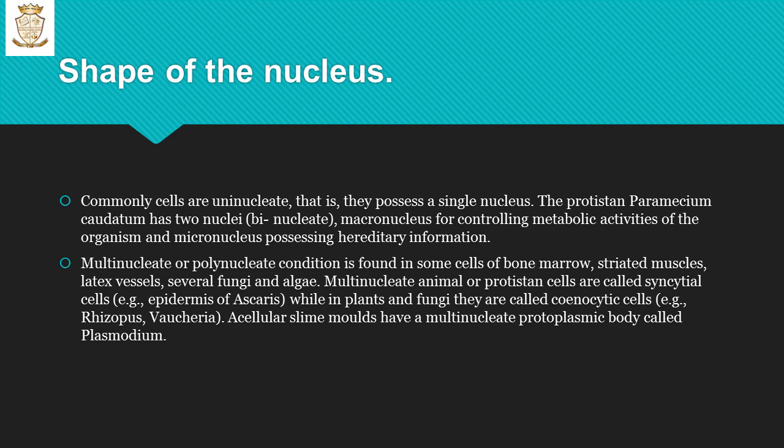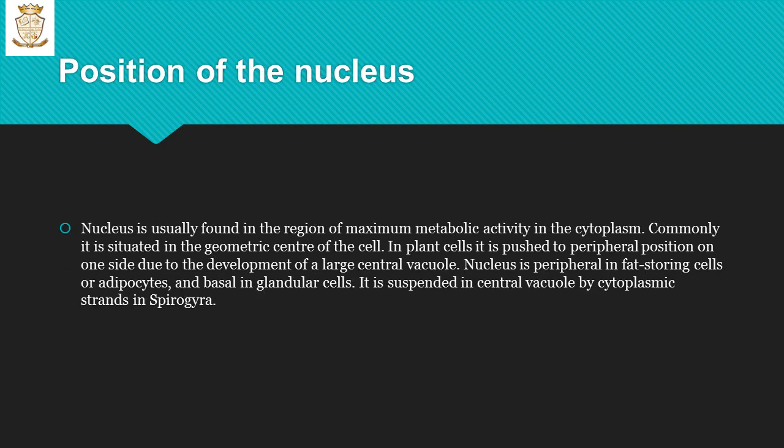Multinucleated animal cells are called syncytial cells, while in plants and fungi they are coenocytic cells. A cellular slime mold has a multinucleated protoplasmic body called plasmodium.